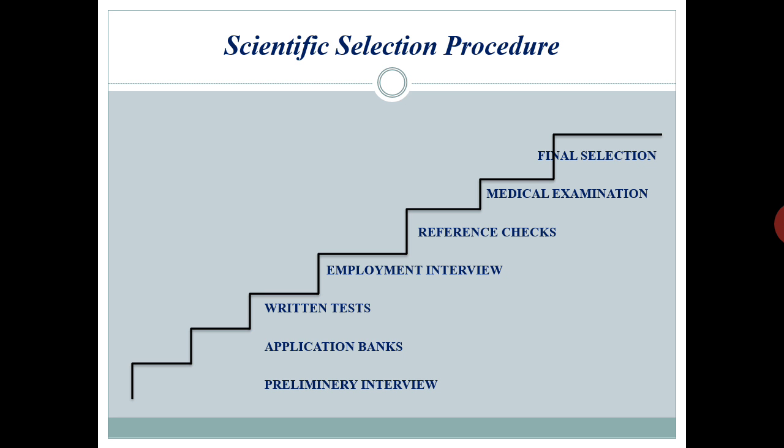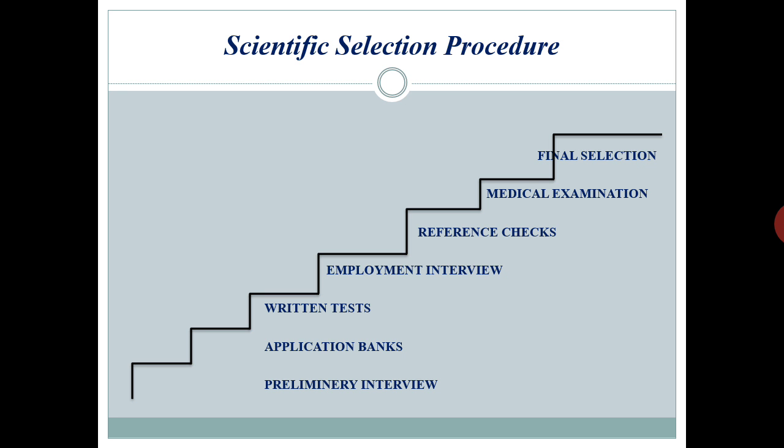So in any organization, usually this is the procedure. In the first part, what we have gone through is staffing. What is staffing? Staffing is placing candidates in the job vacancies of your organization.